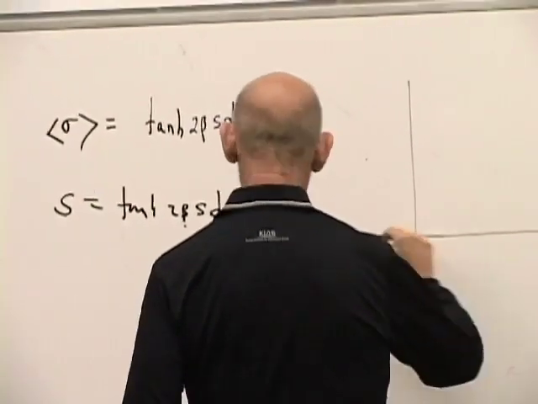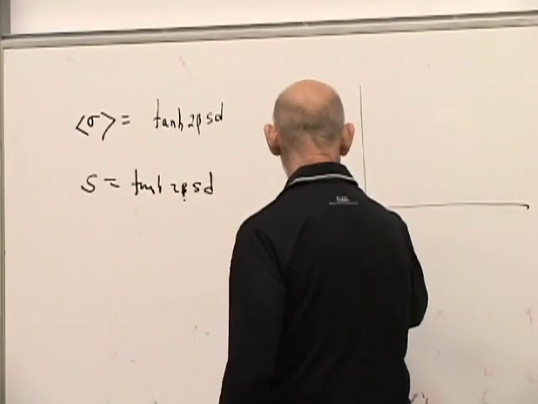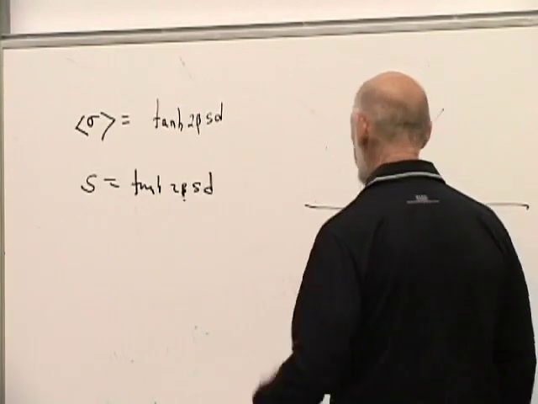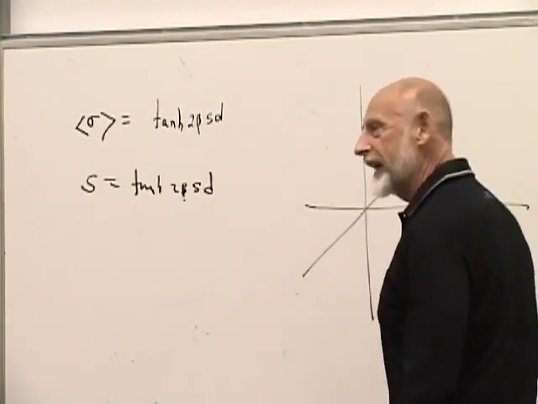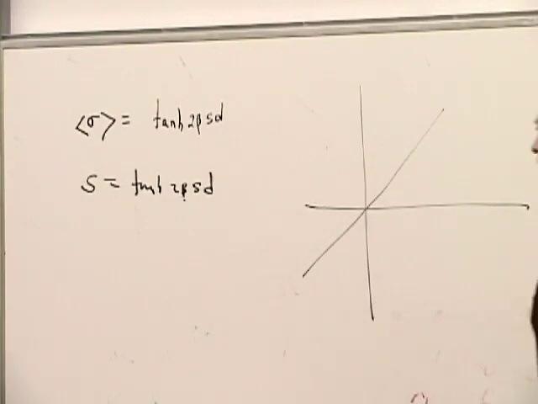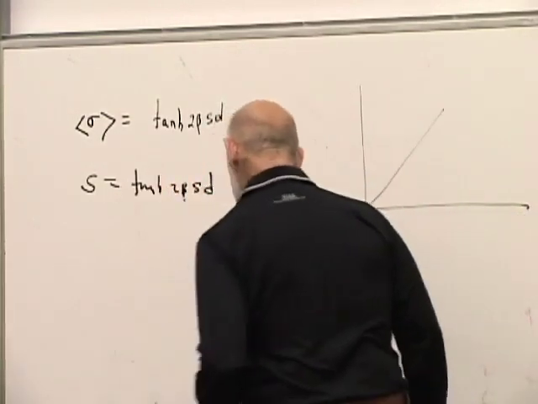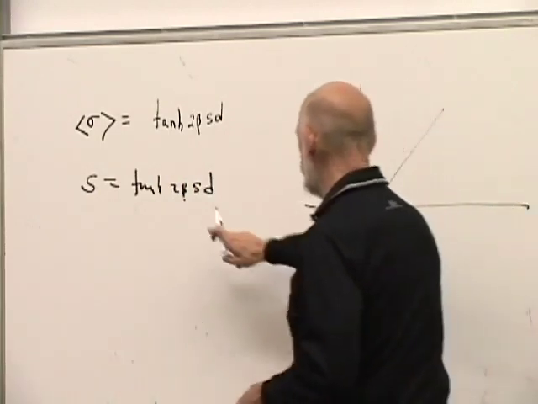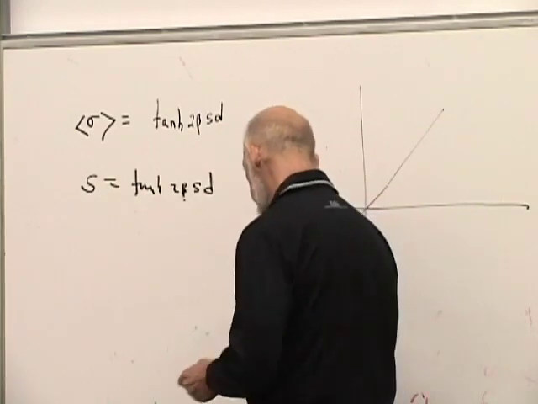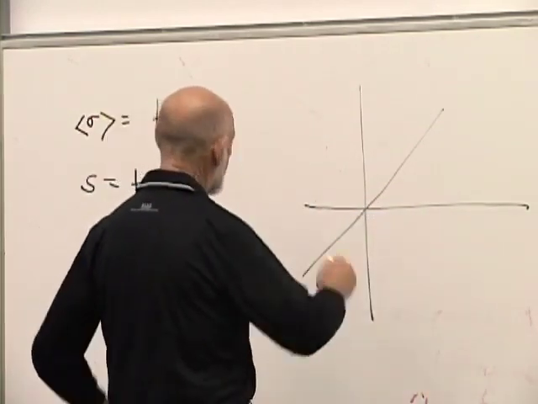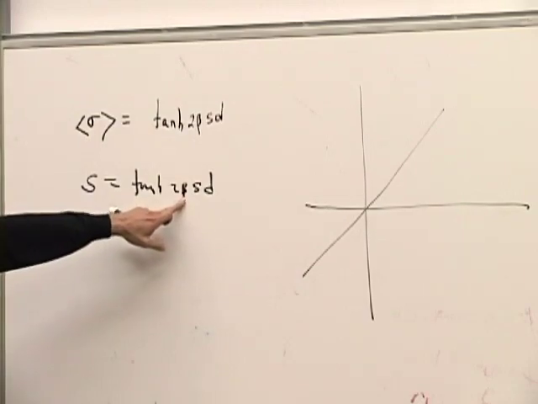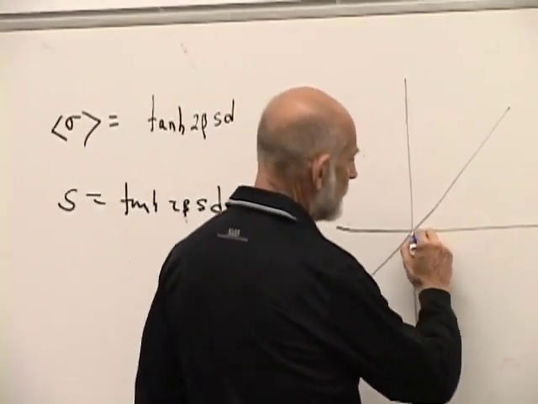We plot S. S is just a linear function. S of S is just a straight line, S equals S. And then we superimpose on that the graph of tanh of twice beta SD, and that looks something like this. Let's see, when the temperature is high, that means that beta is small, then the tanh function looks like this.